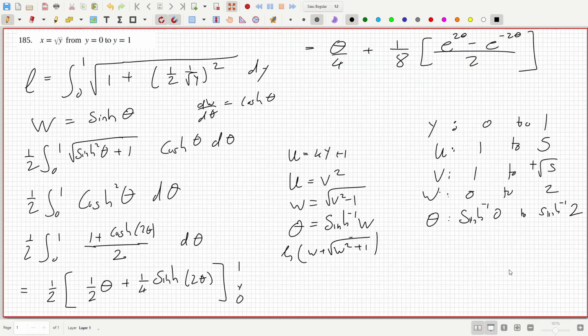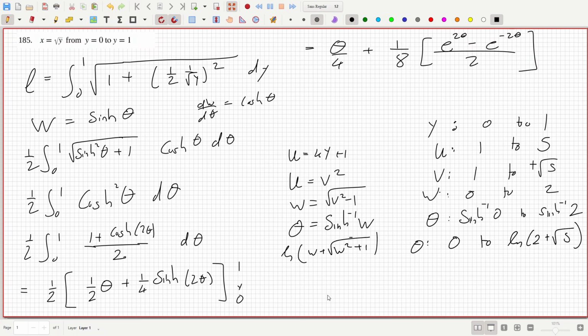So then that would mean put in 0. That's 0, root 1, log root 1. That's 0. And then if we put in 2, 2 squared is 4. 4 plus 1 is 5. So that's log 2 plus root 5.